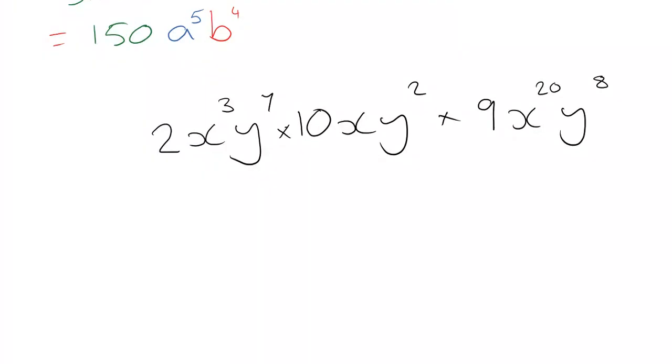The number at the front will be 2 times 10 times 9. Well, that is going to be 180. X cubed times x to the 20 is going to be x to the power of 24. Y to the 7 times y squared times y to the 8 is going to be y to the 17.